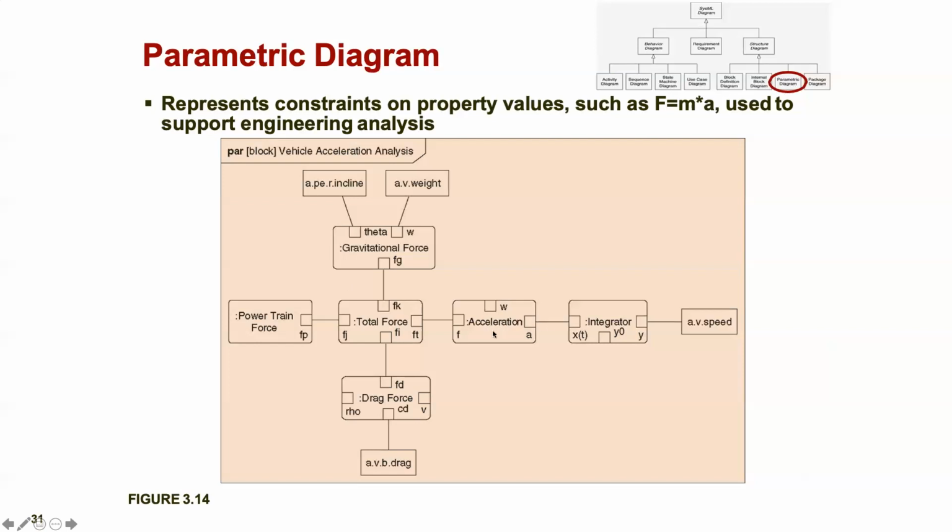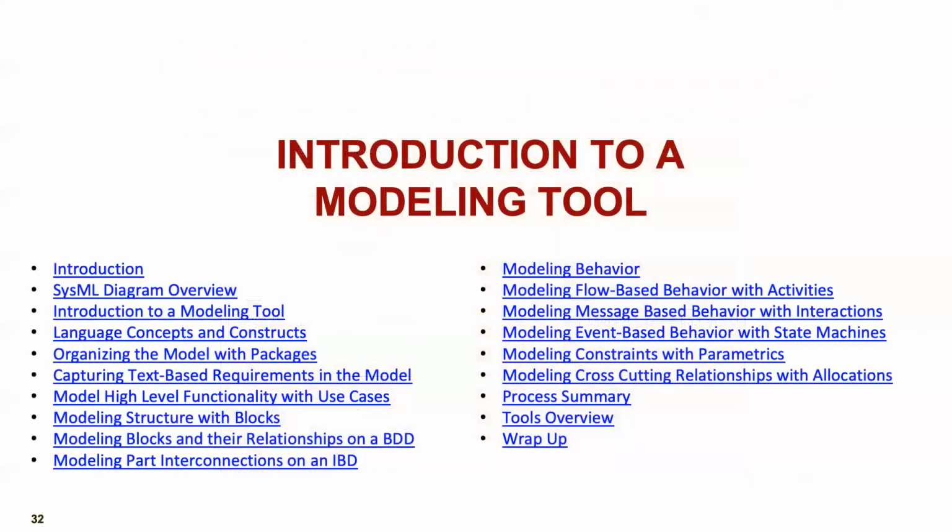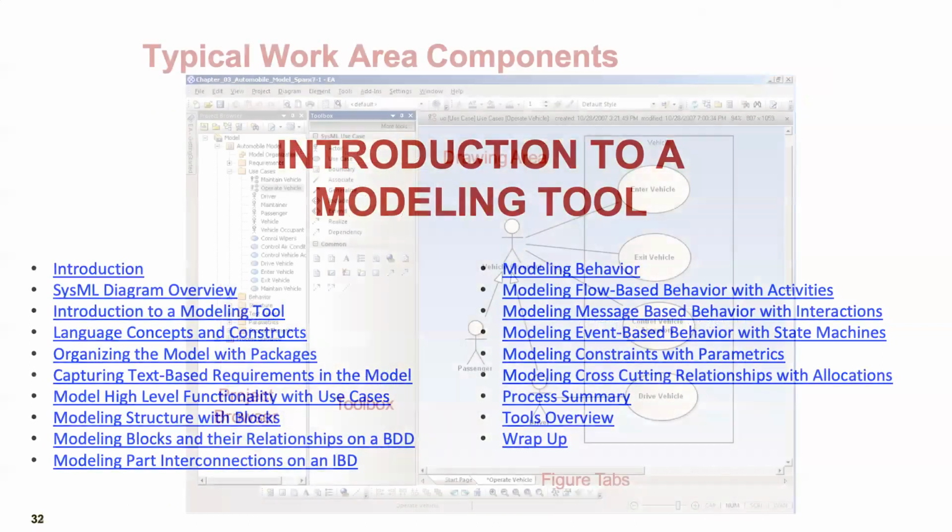Controlling the acceleration, there is a limited amount of acceleration that you can have in your car based on the type of engine and fuel injection or whatever that is there. And so here we're just laying that out into this vehicle acceleration analysis model. And that would be all the types of details that are captured in the parametric diagram. So let's continue on as we're walking through these.